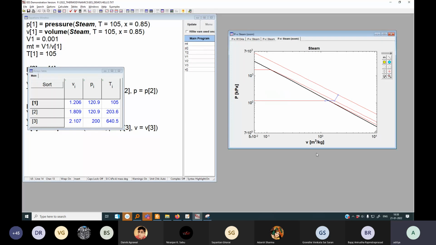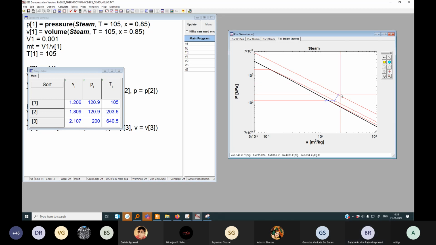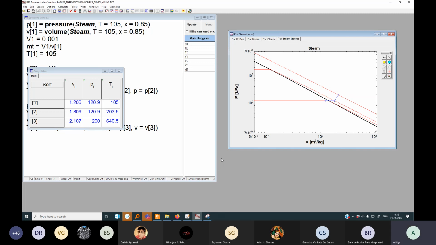It's going from here to this isotherm and then a linear curve to the other point. Over here you can get the different properties below as well. So this is how you do it.